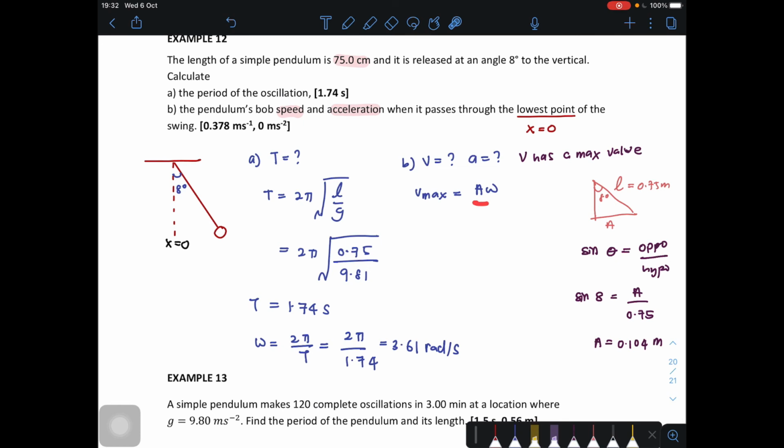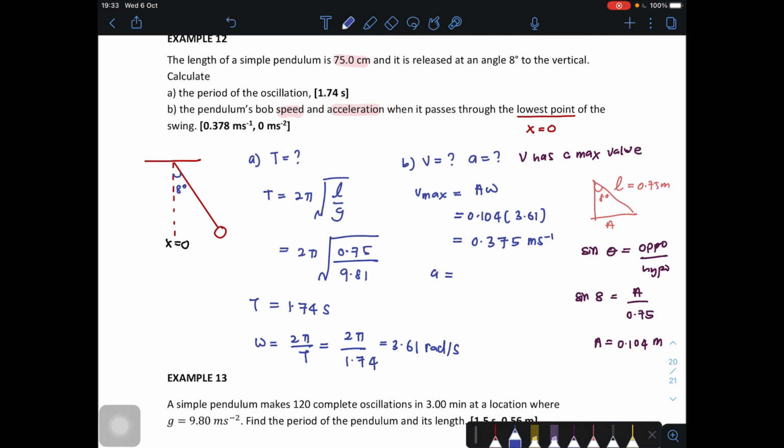So substitute in here, 0.104 times omega. Okay, so you will get 0.375 meter per second.